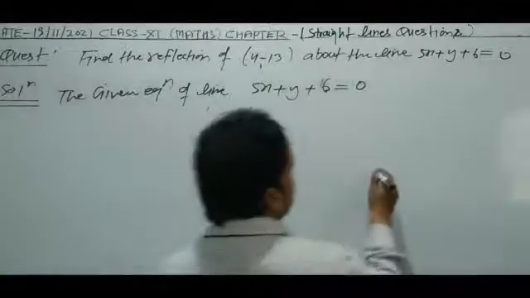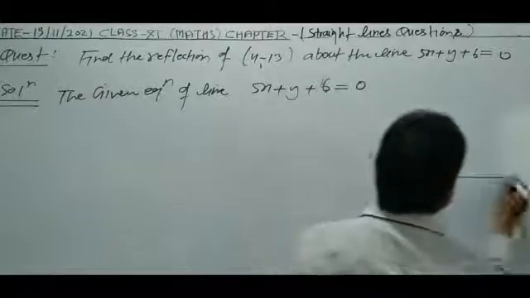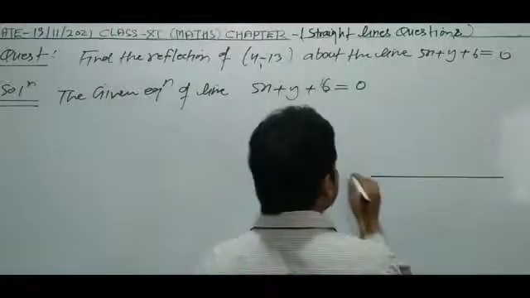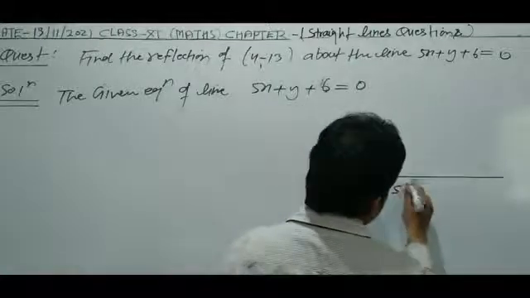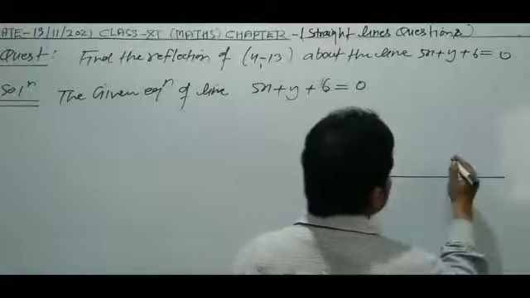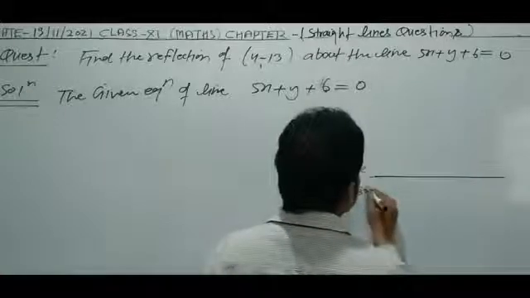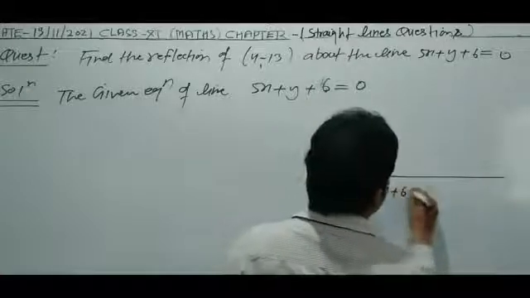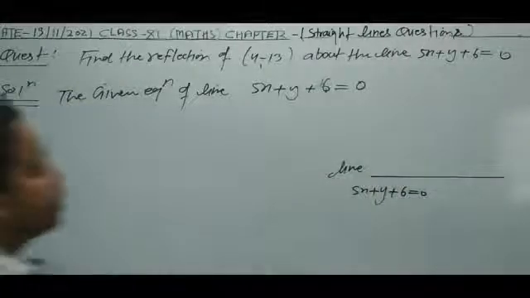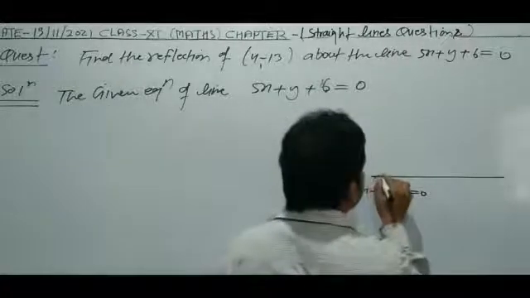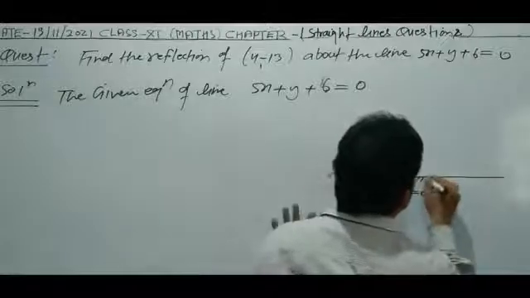Suppose this is the line, 5x plus y plus 6 is equal to 0, and we can consider the line as a mirror.